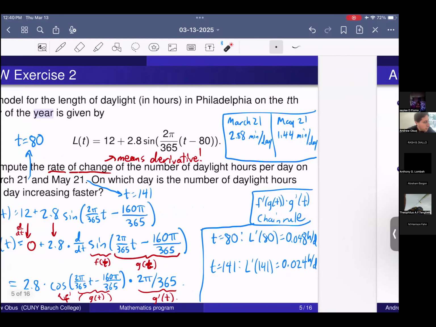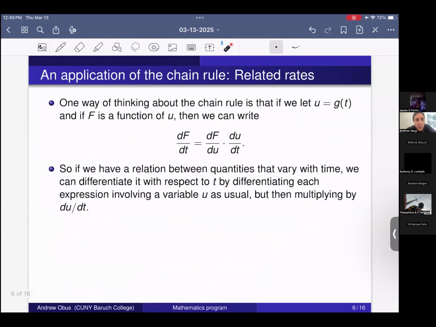Okay. All right. So what was this application of the chain rule that we talked about last time? We talked about something called related rates. It's been a while, so we'll go over this again. One way of thinking about the chain rule is that if I just give g of t a name, if I just call it u, and if f is a function of u, then f is f of u, which is really f of g of t.